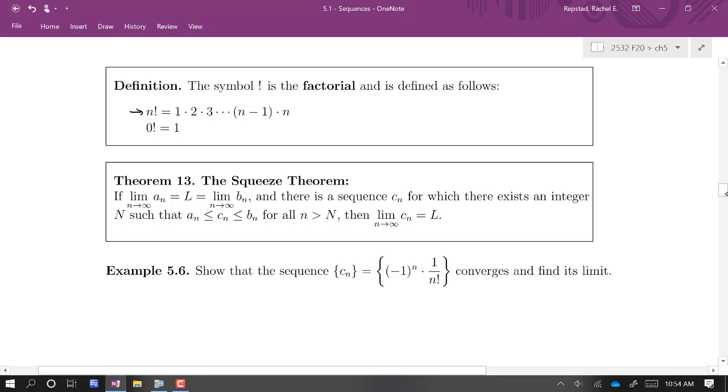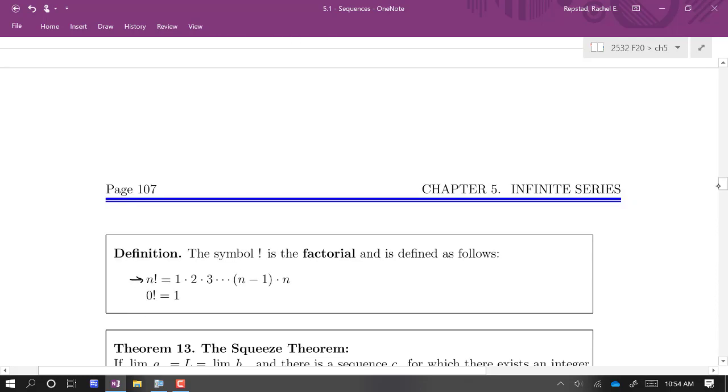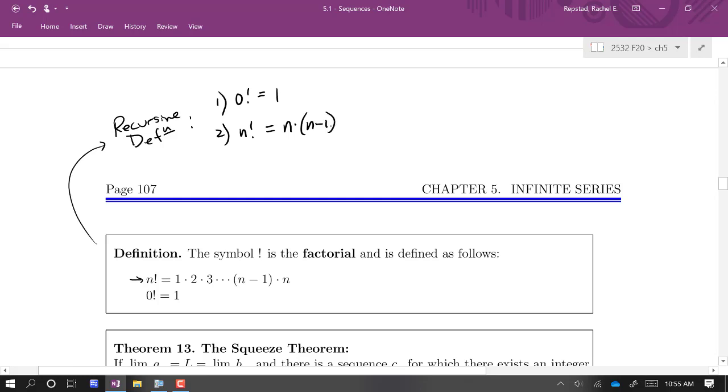The factorial is really defined recursively. The recursive definition, first of all, we have an initial value, so we begin with 0 factorial is equal to 1. We just define that. And then we find n factorial is equal to n times n minus 1 factorial.